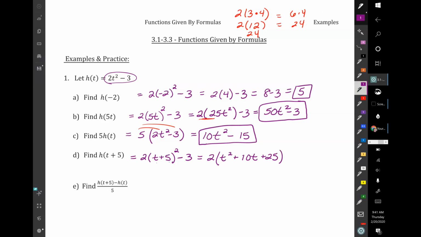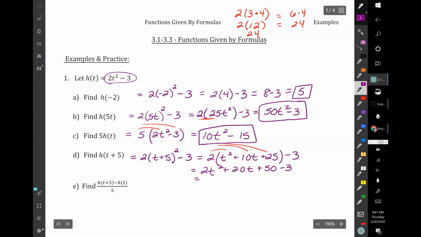Mostly everyone's got that down by now. And then minus 3 at the end. Now I'm going to go ahead and distribute this 2 to every term in that trinomial. So I'll get 2t squared plus 20t plus 50 minus 3.